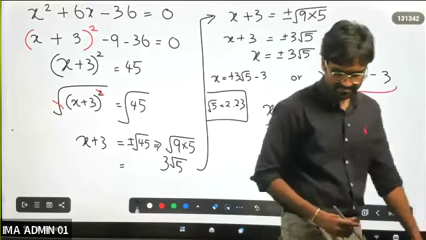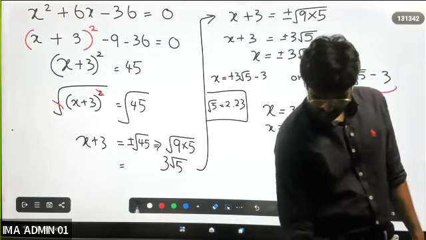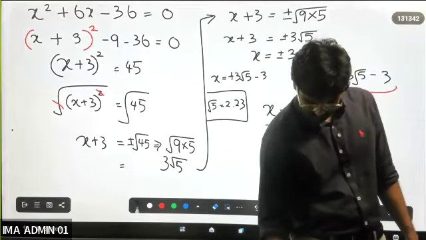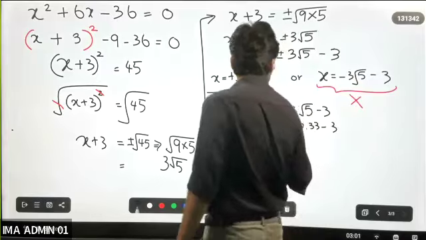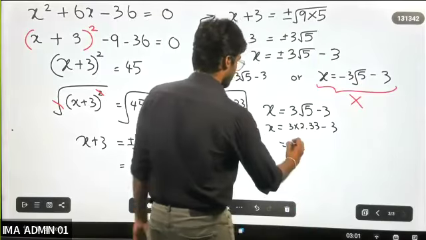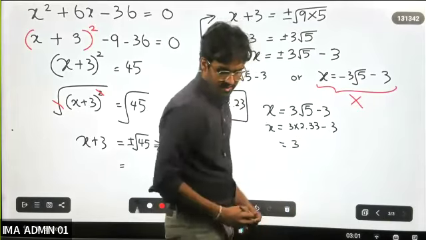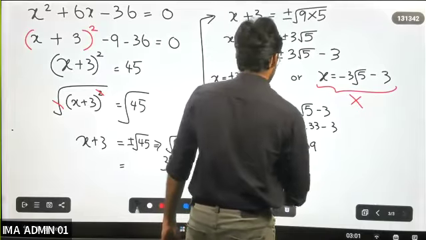Then what's the value? Has anyone calculated it? I think it's 3.69, right?